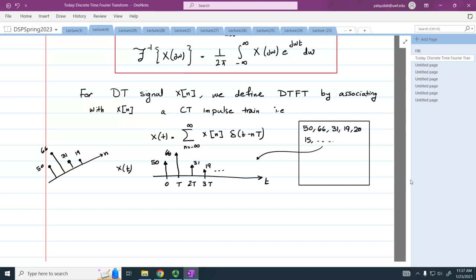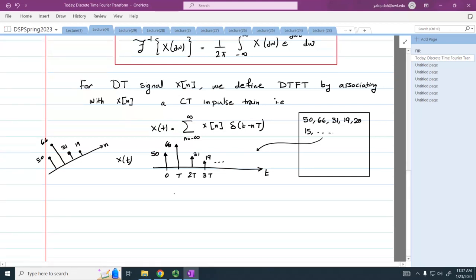So let's do that. What we're going to do is take the Fourier transform of x of t. What is the Fourier transform of x of t?